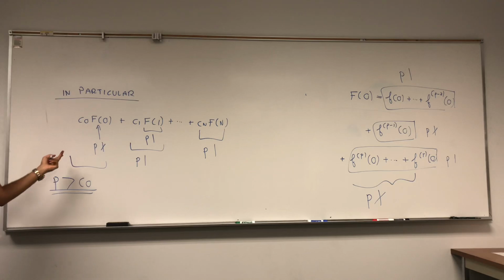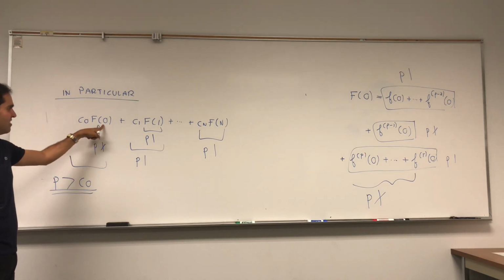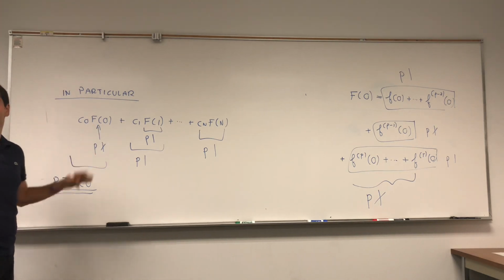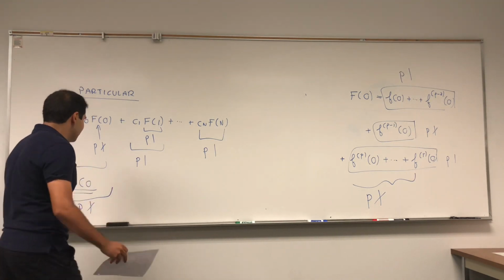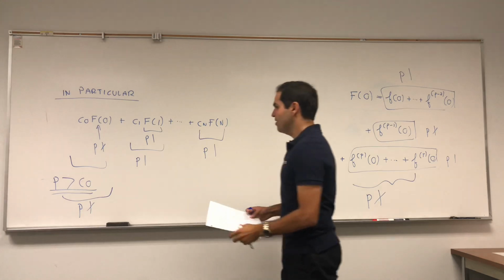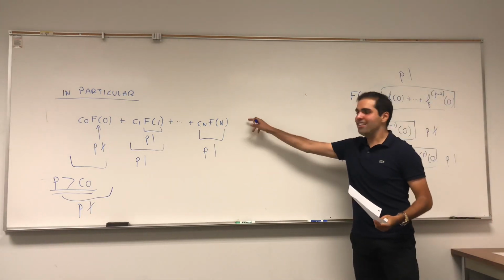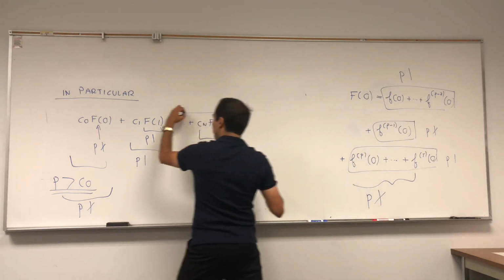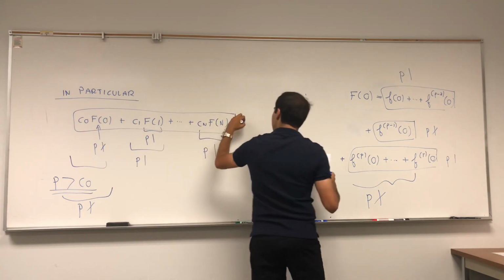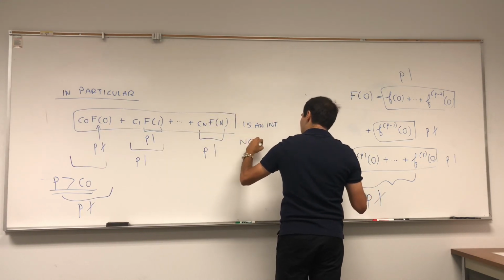And because p is a prime, it would have to divide this factor or that factor, but that's not possible. So p doesn't divide the whole thing. It doesn't divide c0 f of 0, and because the rest is divisible by p, this whole thing is an integer not divisible by p.